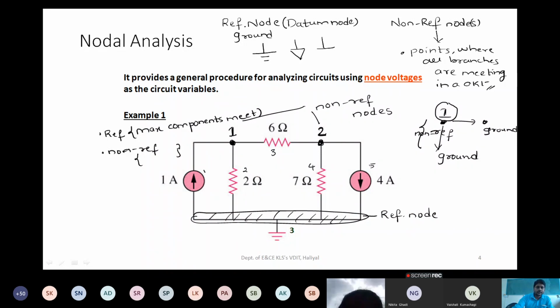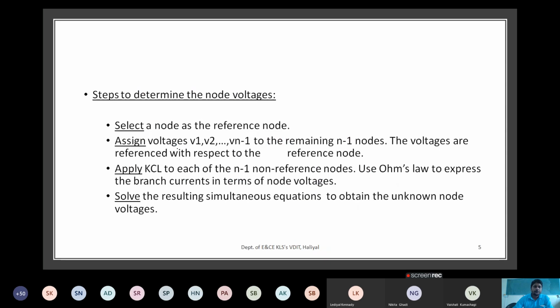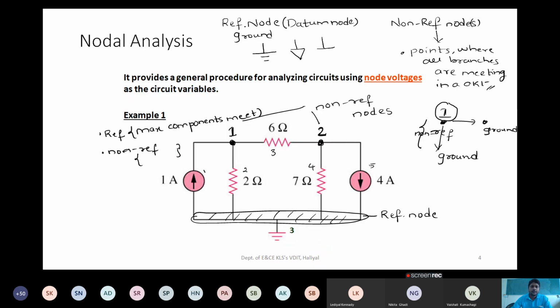Considering all these parameters, now if I ask a question in the same circuit, like, using nodal analysis, calculate or evaluate the voltages V1 and V2. Sometimes they may give you points like 1 and 2, otherwise you should be able to recognize a few points here. You can call them x and y instead of 1 and 2.